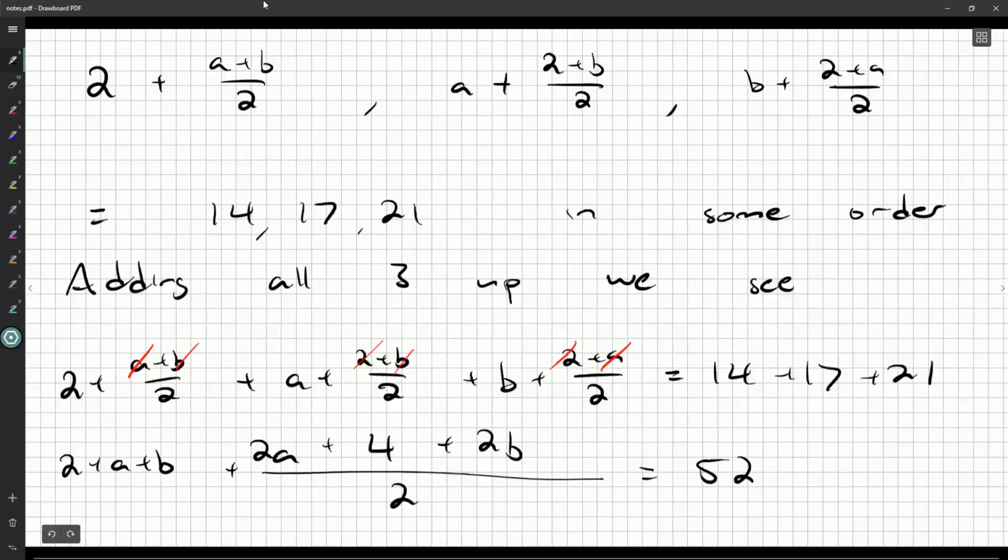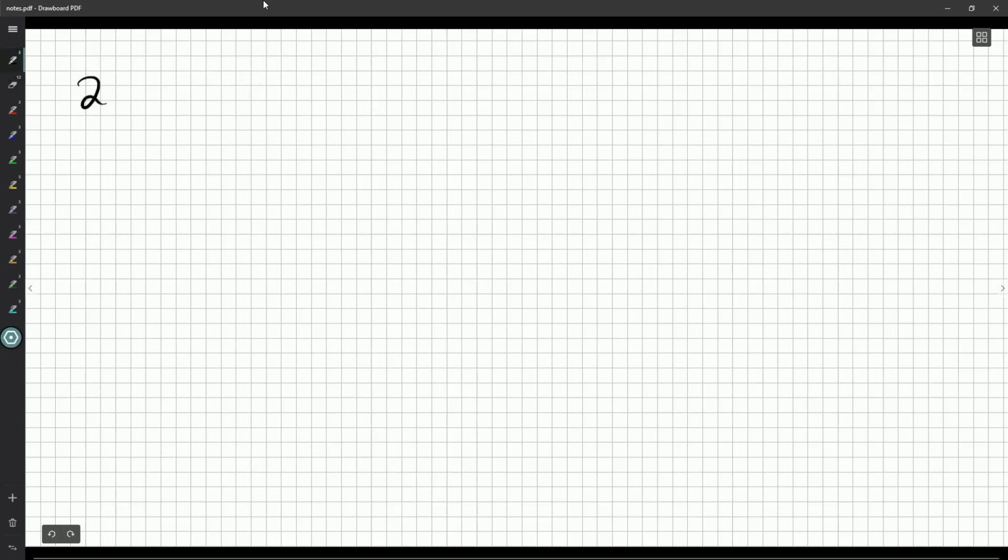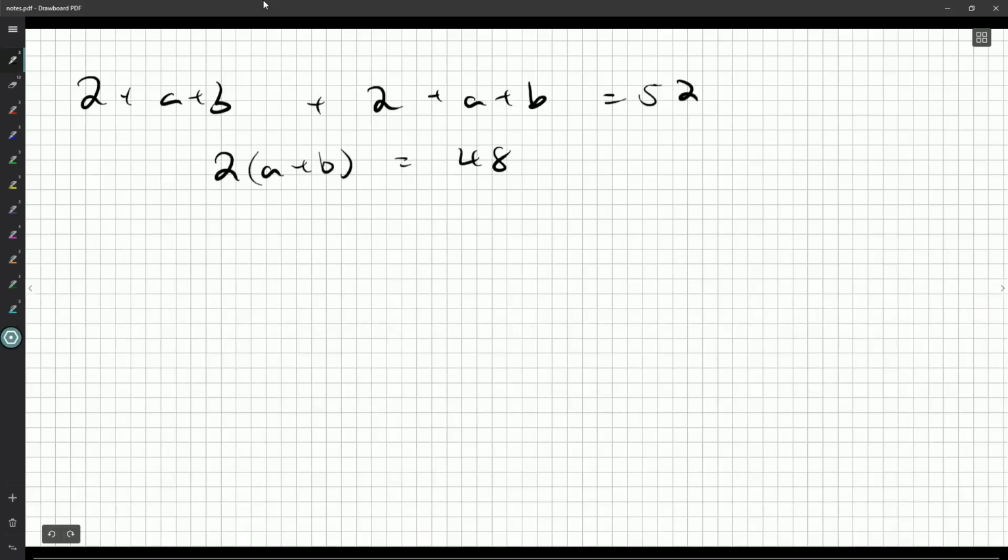But now if I divide through by 2, maybe we should write the 4 as 2 times 2. So I'll get the 2 plus A plus B, but then we actually get another copy of 2 plus A plus B, and that's equal to 52. Subtract 4 from both sides, so we'll get 2A plus 2B is 48, divide by 2. A plus B is 24.